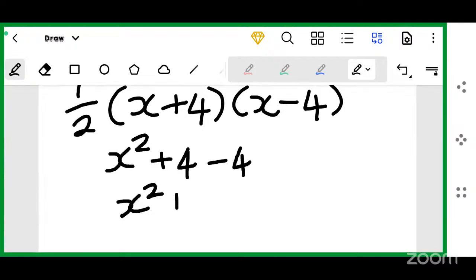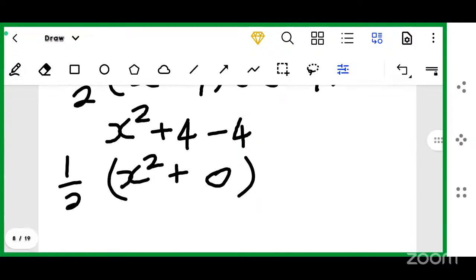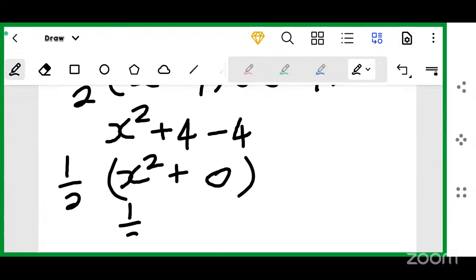plus 0. Okay. And then you're going to write times half. Multiply by half. Altogether it equals a half x to the power of 2 plus 0.